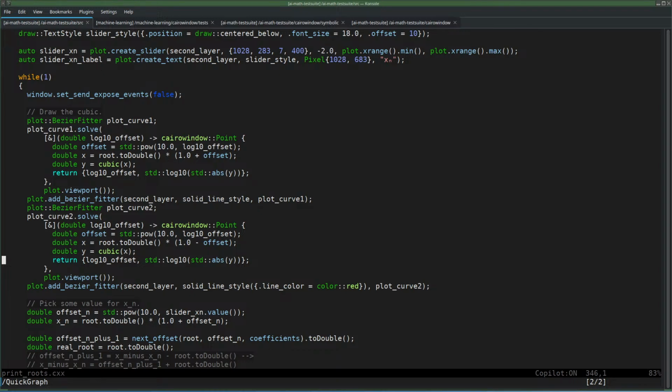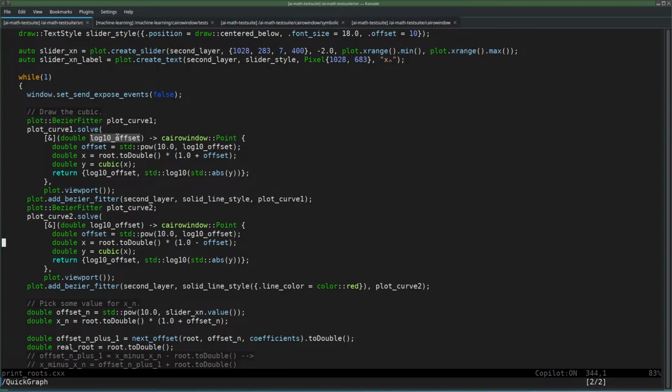But this is simply the cubic itself. Why do I have two of those? So plus or minus the offset. Yeah, this input here is literally what you see on the x-axis.